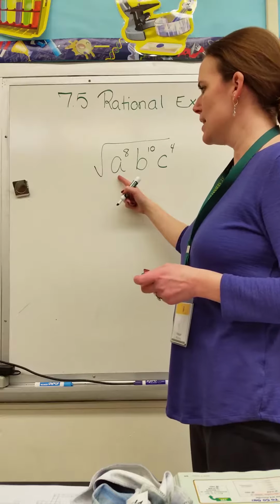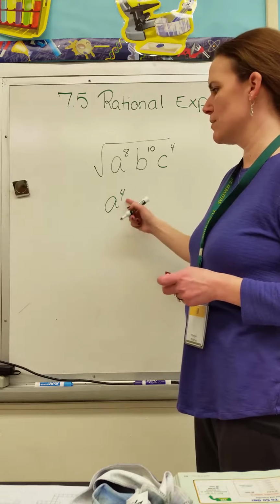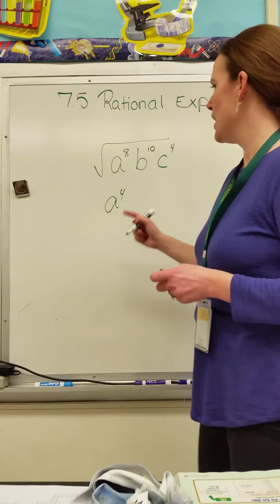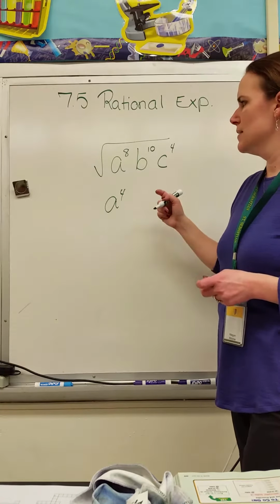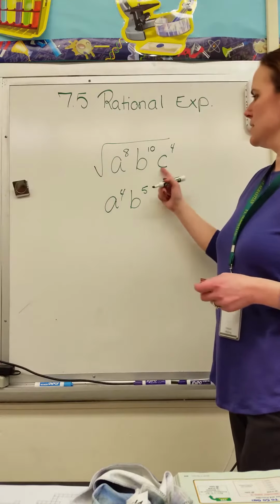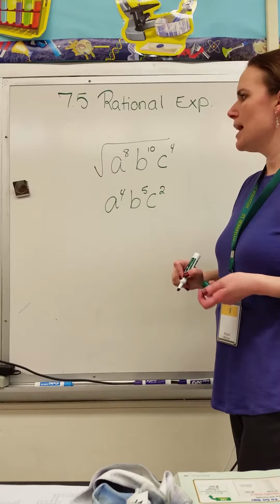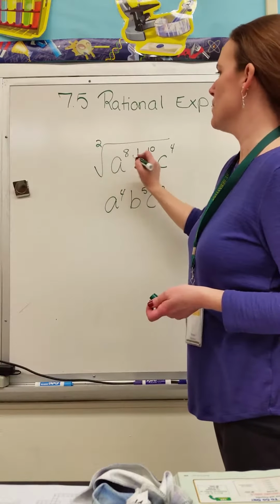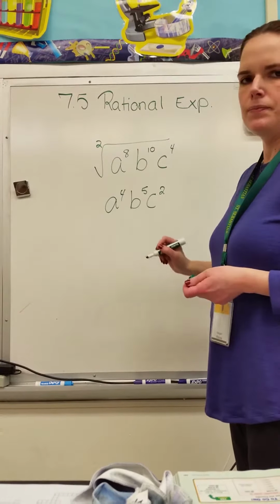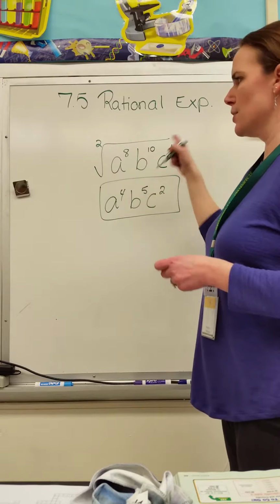So with a to the 8, I have 4 pairs, so a to the 4th. I have b to the 10th, I have 5 pairs. C to the 4th, I have 2 pairs. So again, you're just dividing by whatever that base is. So this is my answer. This square root sign goes away.